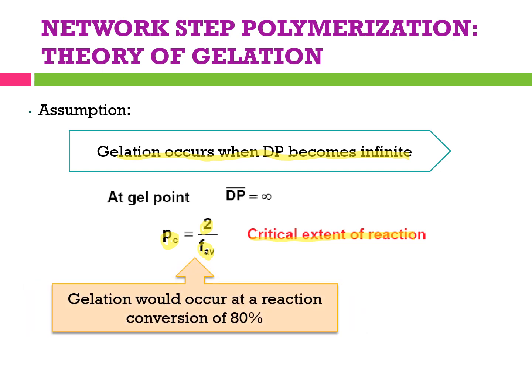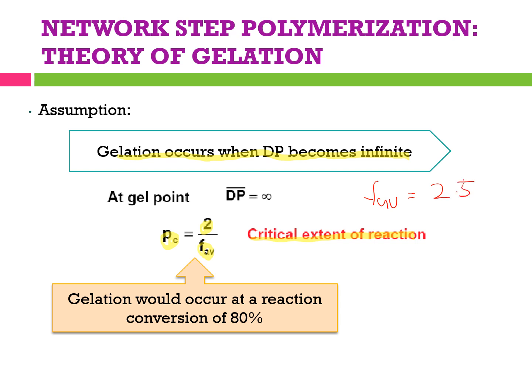If you still remember, in our previous example of the polymerization of polyester, we calculated the average functionality, which is about 2.5.